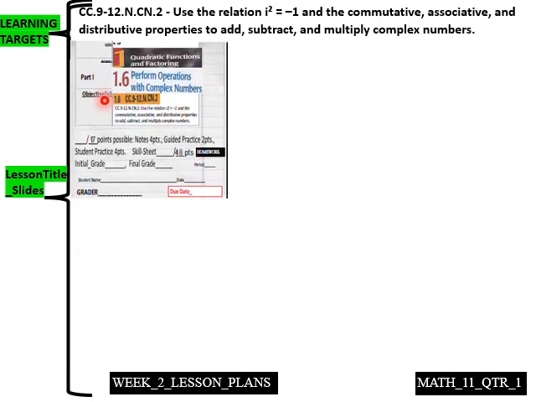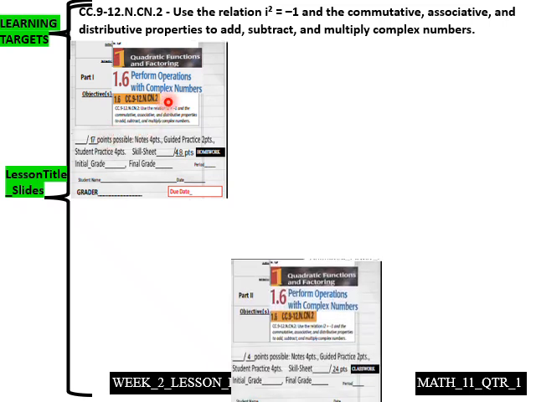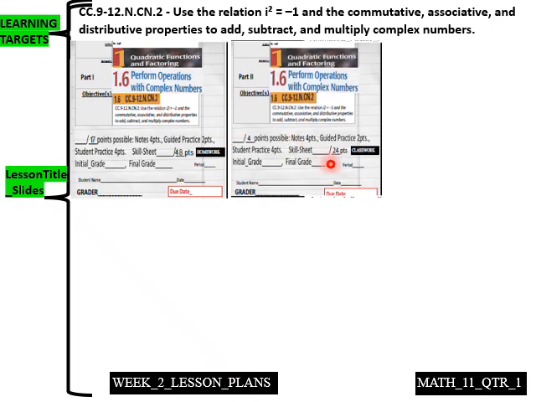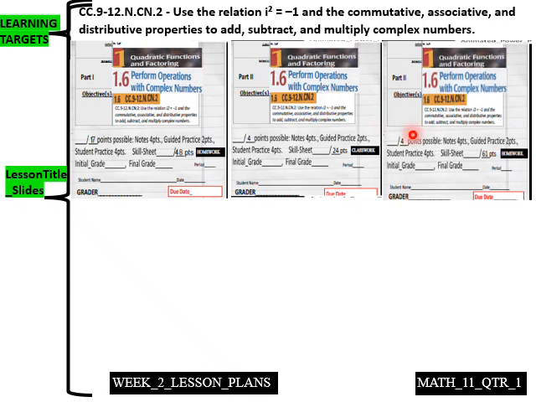We go into 1.6, and we go into 1.6 homework here, 48 points, 17 points in note taking, perform operations with complex numbers. 1.6 part 2 classwork is 24 points of classwork, 4 points of note taking, for 1.6, perform operations with complex numbers.